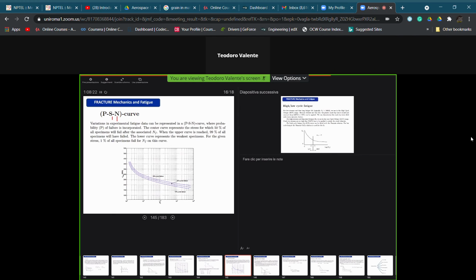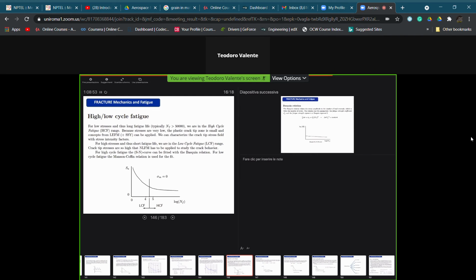So the Wöhler diagrams are not made by only one curve, but for the same material they can be made by a very high, we could even say infinite, number of curves, depending on the probability of failure that we want to associate to the couple stress and number of cycles to failure.